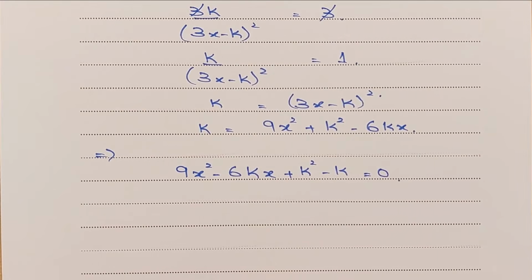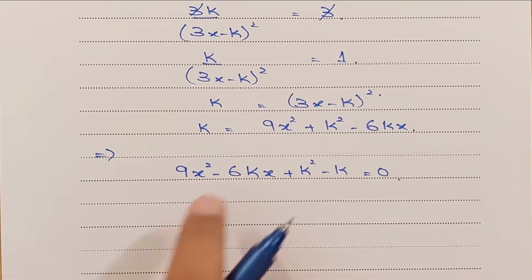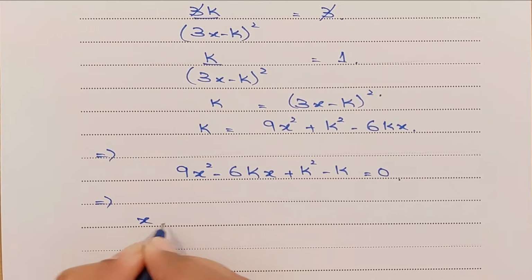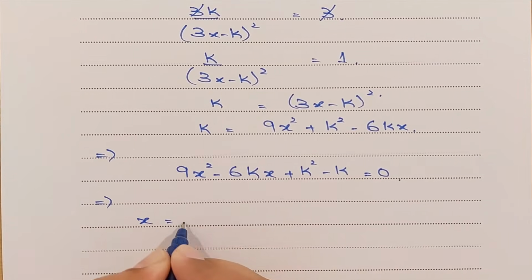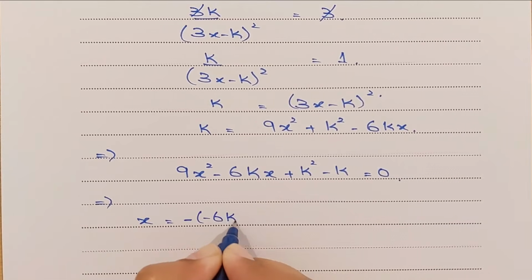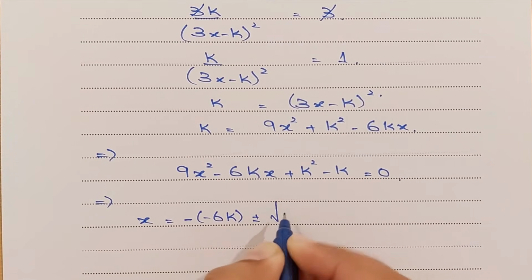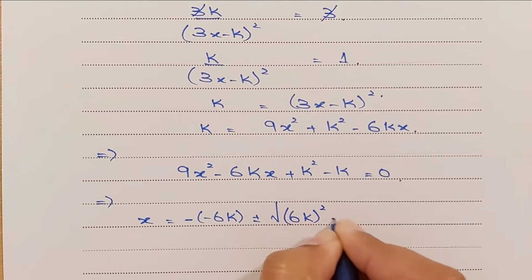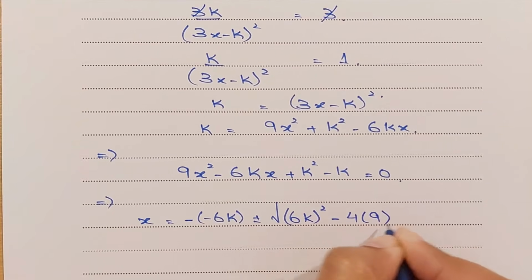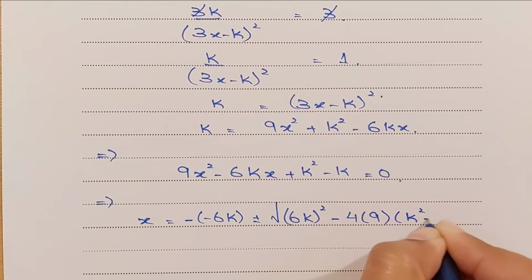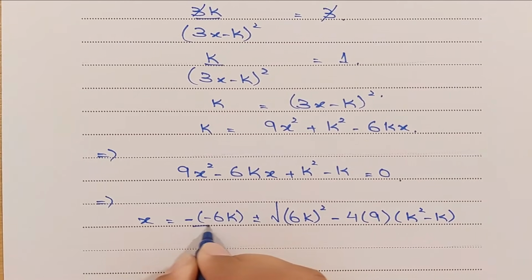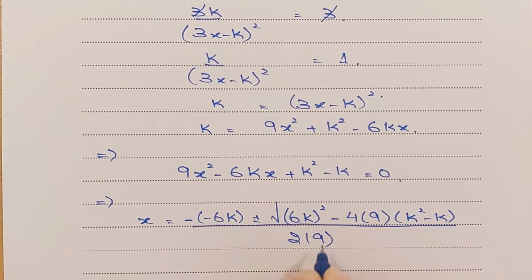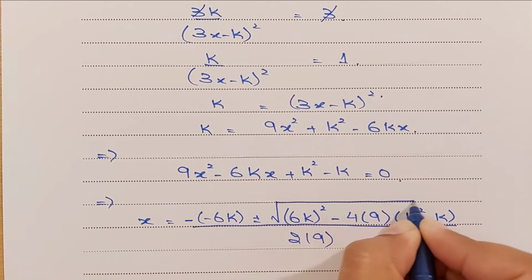So this looks like a quadratic equation in variable x. We have to solve for x. So apply the quadratic formula. So this is the b, so negative b plus minus the square root of b squared minus 4 times the a value times the c value, k squared minus k, divided by 2 times 9.